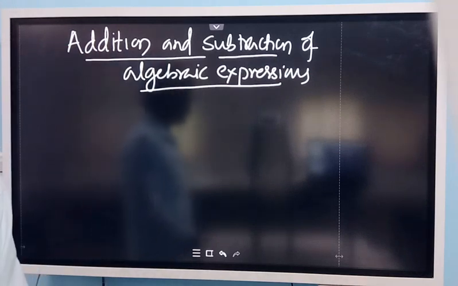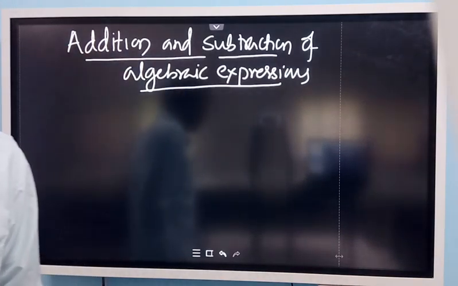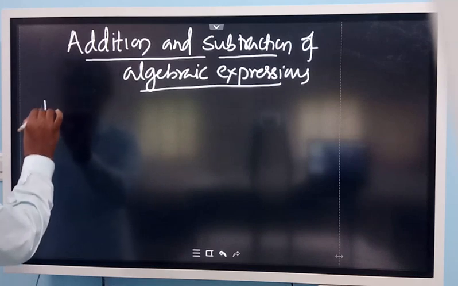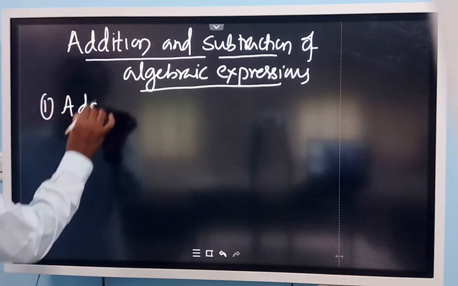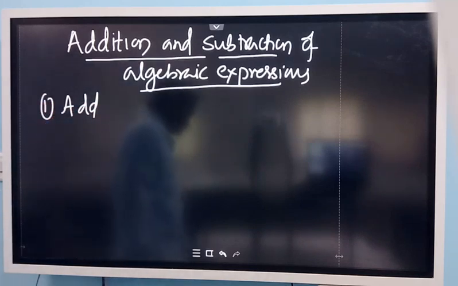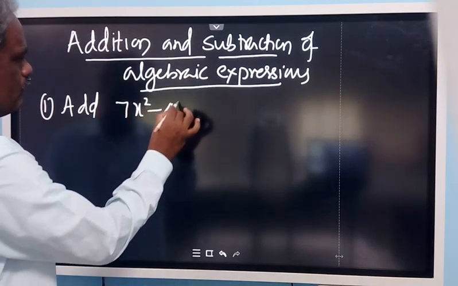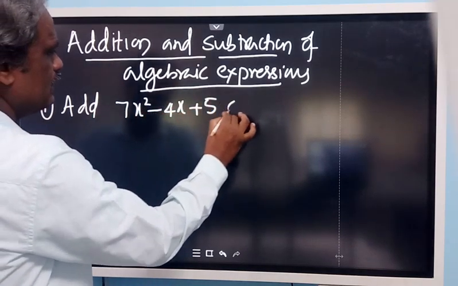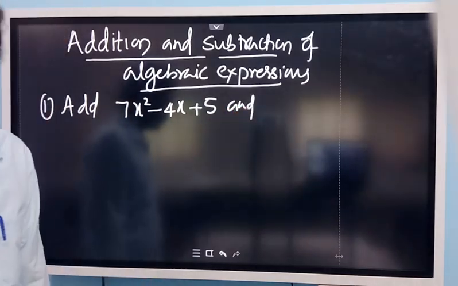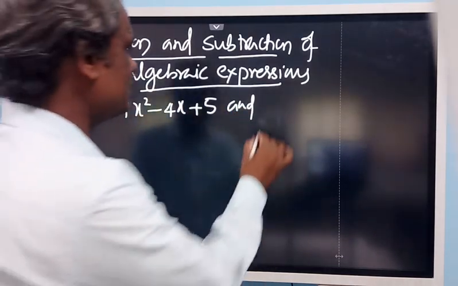So let us see how to add these algebraic expressions. First one, add 7x square minus 4x plus 5 and 9x minus 10.